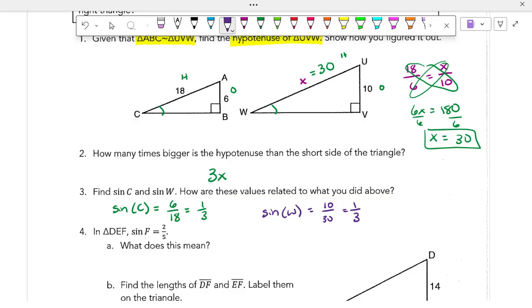Right, they're both 1/3, so they're both the same ratio. Why? Because the triangles are similar. So because the triangles are similar, that's why when we take the sine of the same corresponding angles, we should get the same ratio. All right, because C and W are corresponding angles to each other.